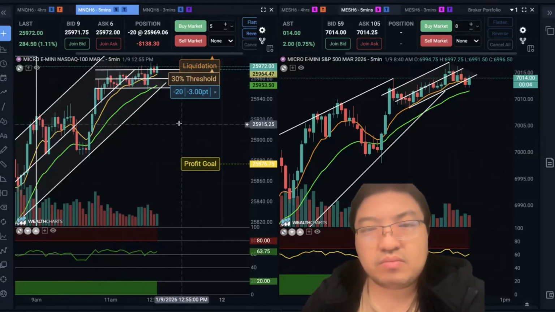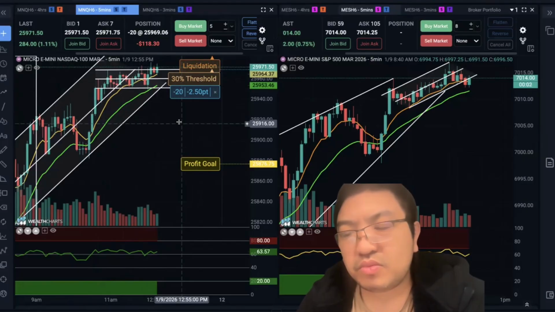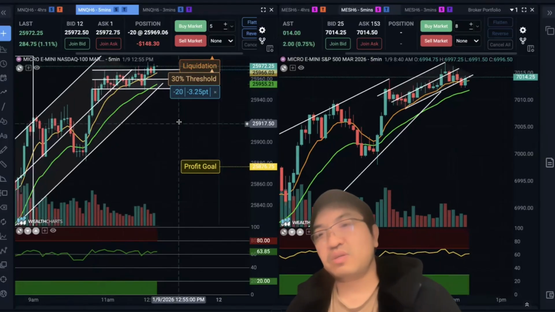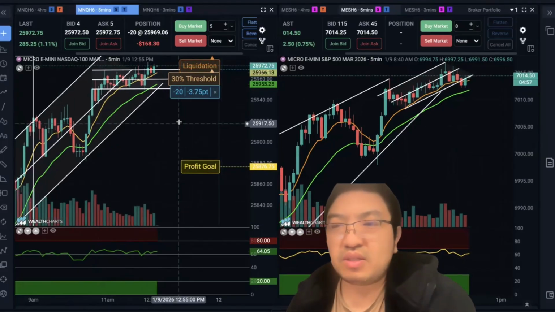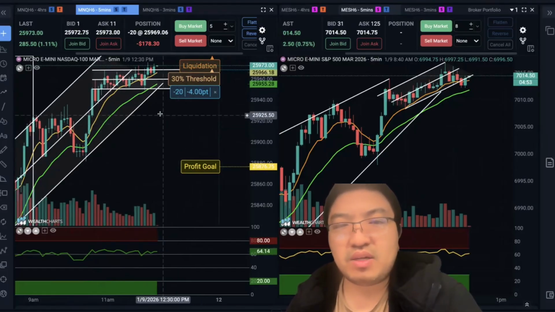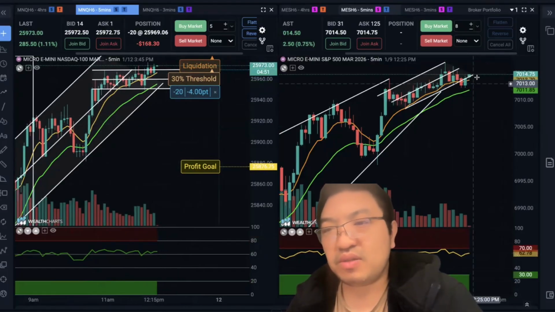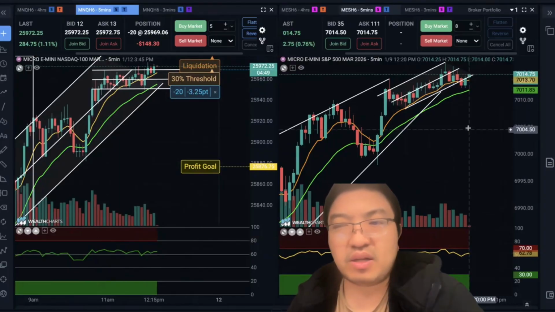We'll see. Okay. One more candle. See if this candle continues up, then I probably need to quit. But if this is down, then I'll hold the trade.